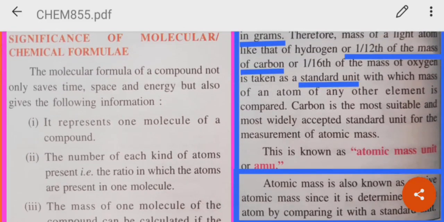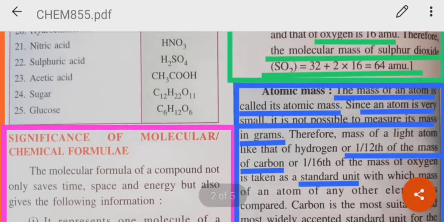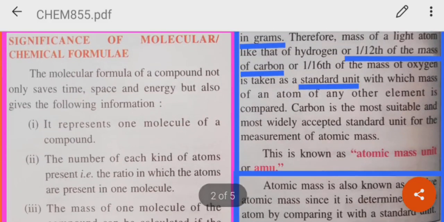It also tells the number of each kind of atoms present, that is the ratio in which the atoms are present in one molecule. For example, out here the ratio will be 6:12:6. On simplification we will get 1:2:1, okay.